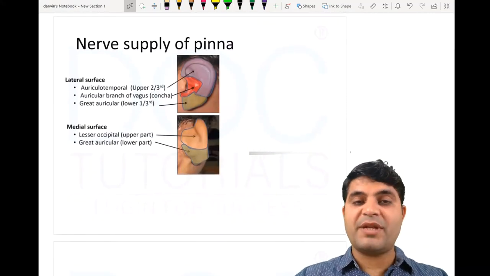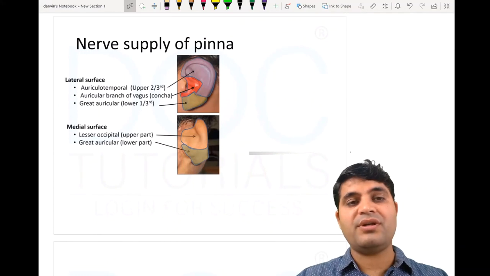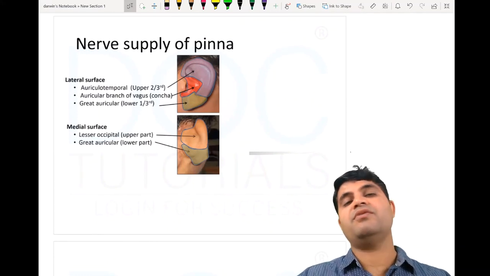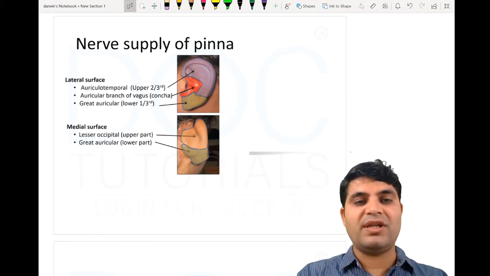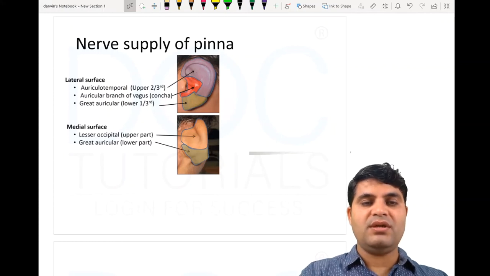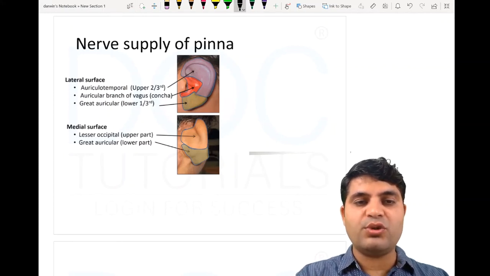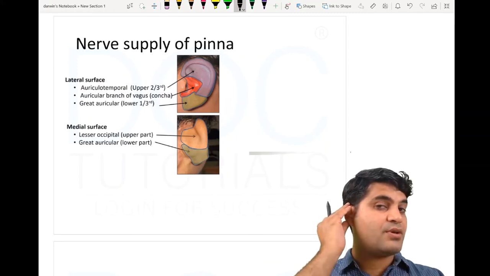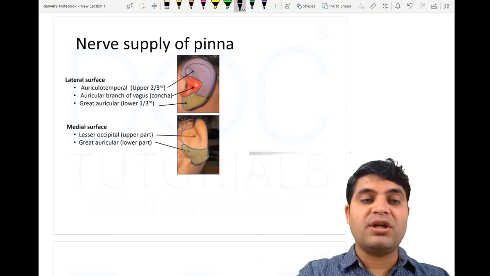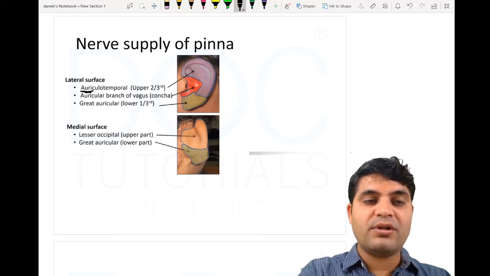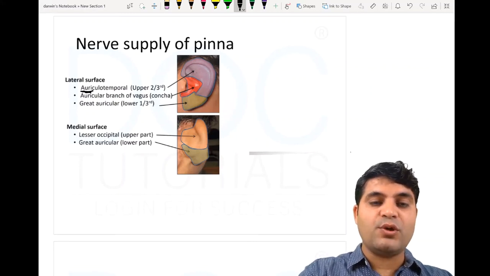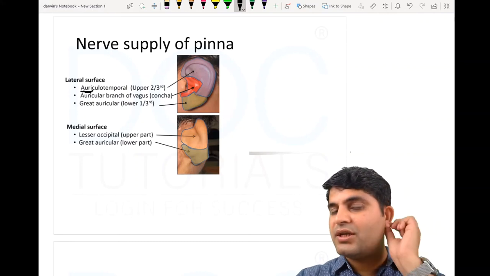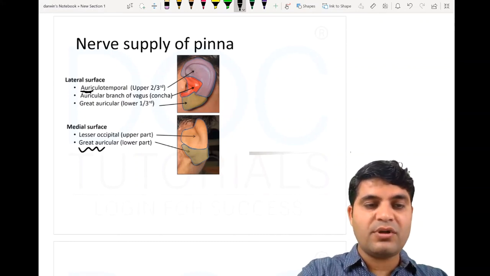So this is the nerve supply of the pinna, very important for infiltration whenever we do these surgeries under local anesthesia. You can see that the pinna is divided into upper two-thirds and lower one-third. The lateral surface of the upper two-thirds is supplied by the auriculotemporal nerve, whereas the lower portion, both lateral and medial aspects, is supplied by the greater auricular nerve.